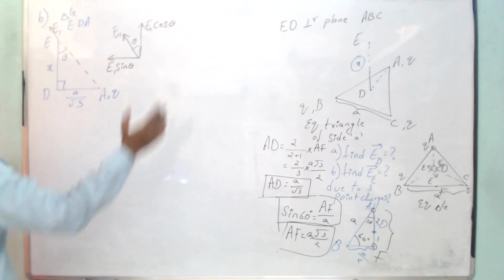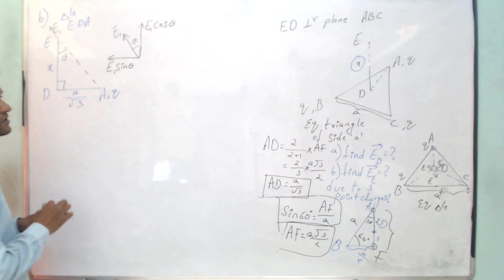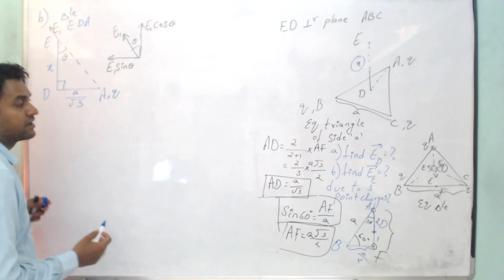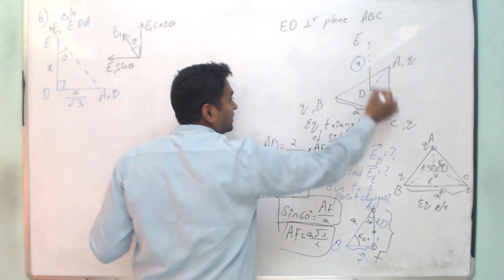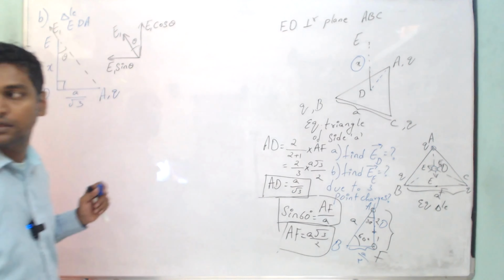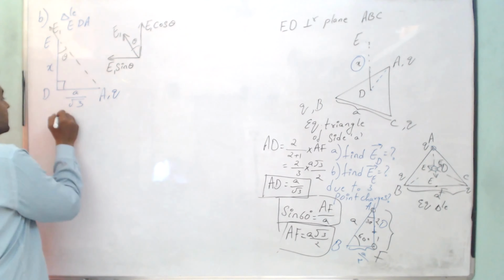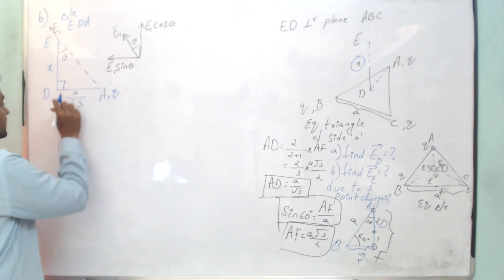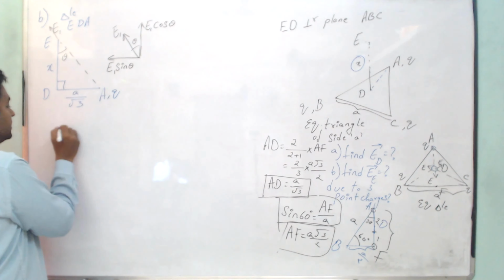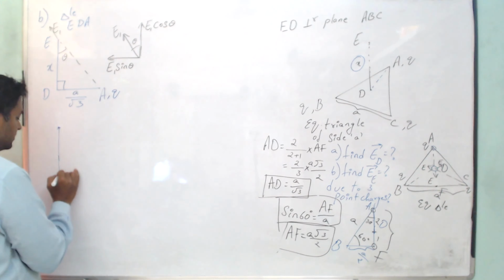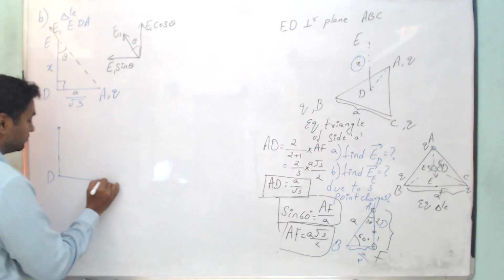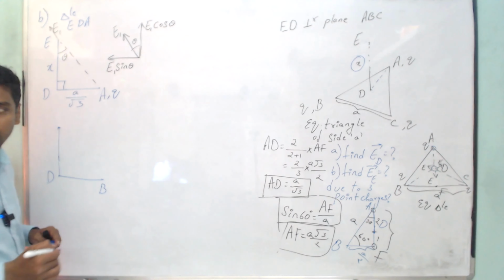Next, we have two vertices again. Next वाला triangle क्या आएगा? EDB. Yes. अब ये E है, ये D है और ये B है. Okay?